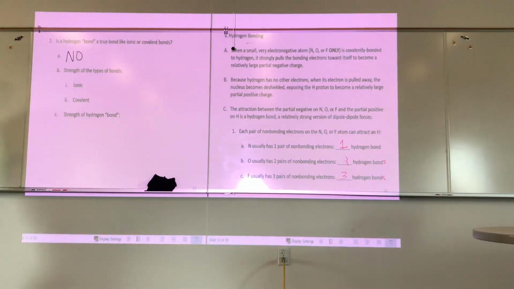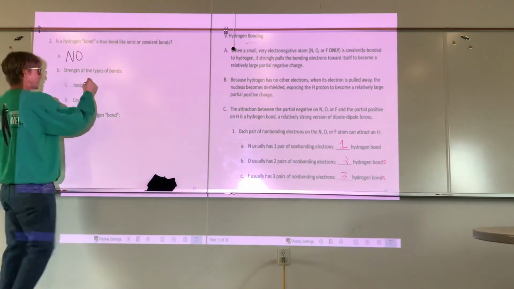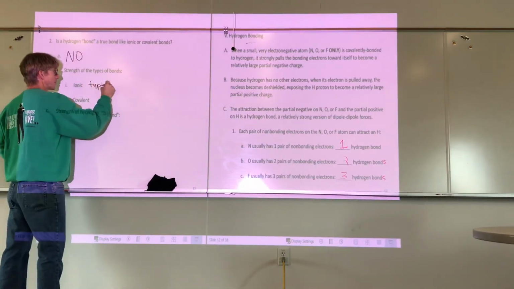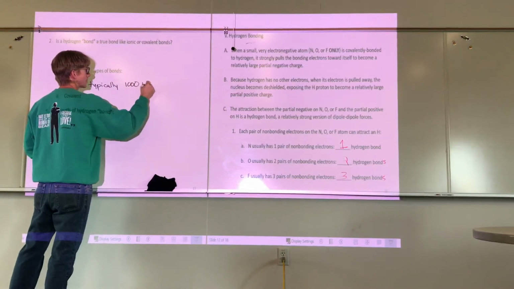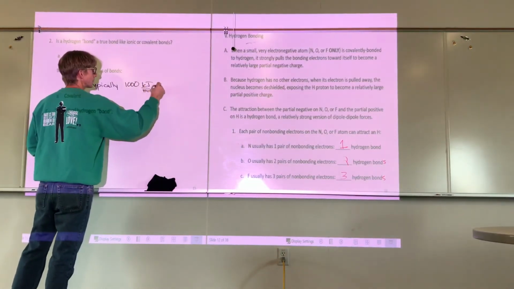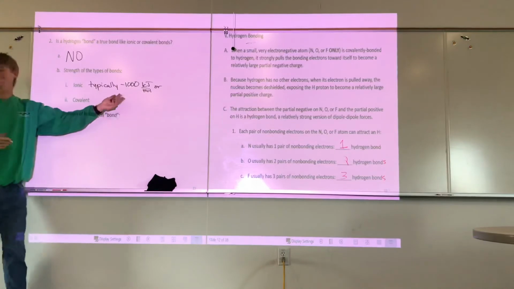So, strengths of the types of bonds. Ionic bonds are characterized by crystal lattice energies. If you think of the crystal lattice energies that you've seen in some of the examples from Chapter 9, and you'll see them again in Chapter 11, they're typically minus 1,000.